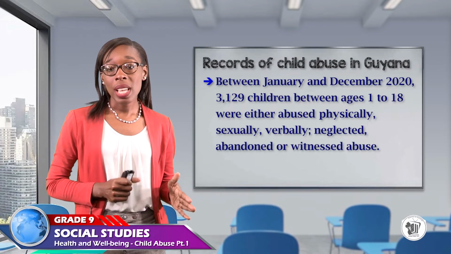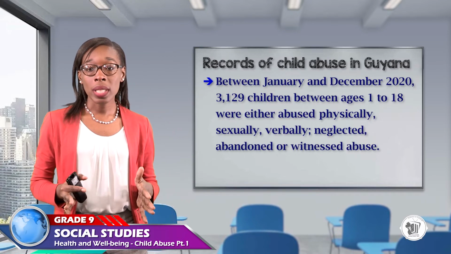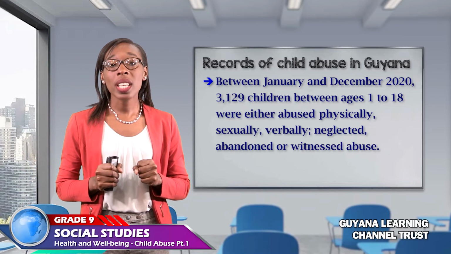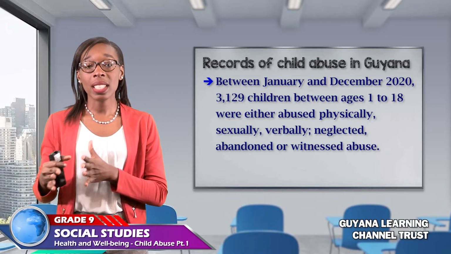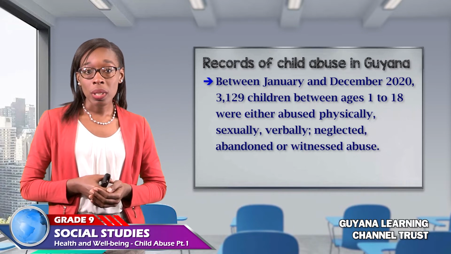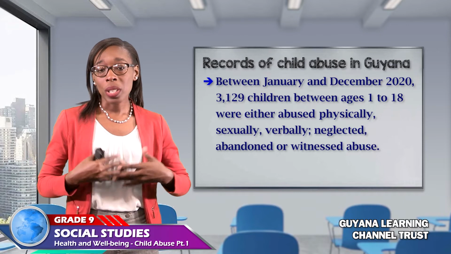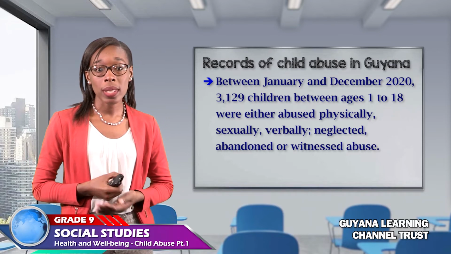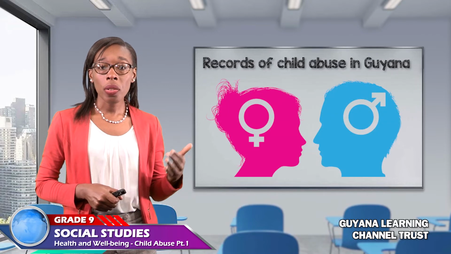Between January and December of 2020, 3,129 children between the ages of 1 to 18 were either abused physically, sexually, verbally, neglected, abandoned, or witnessed abuse. Now let us further analyze the records by gender and age group.